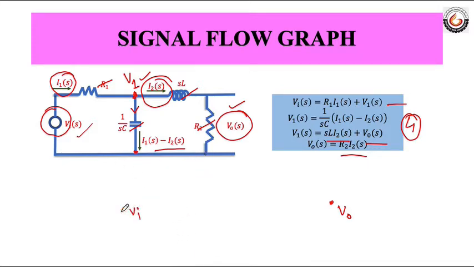So Vi, then I have I1, then I have V1, then I have I2, then V0. Okay, so first I will put I1. So these are my nodes. Again, everything is in s domain, just using the variables directly without representing s.